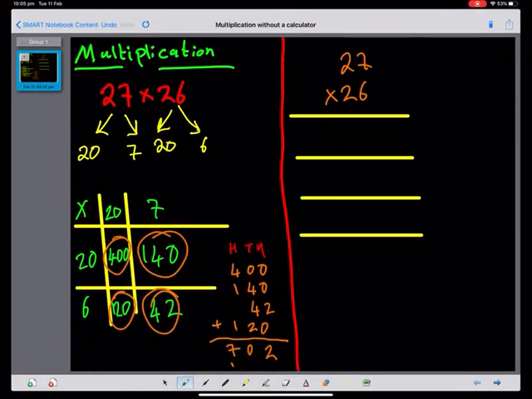We've got 6 7s are 42. 2 6s are 12, plus the 4 is 16. And if you notice, we keep them in the correct column. Units, tens, hundreds.